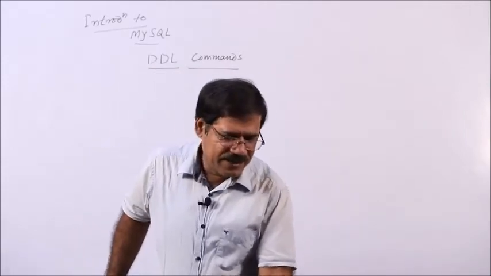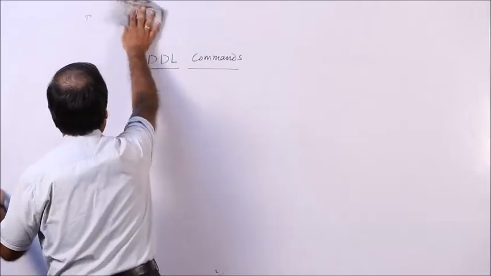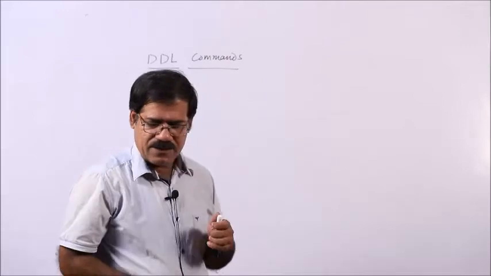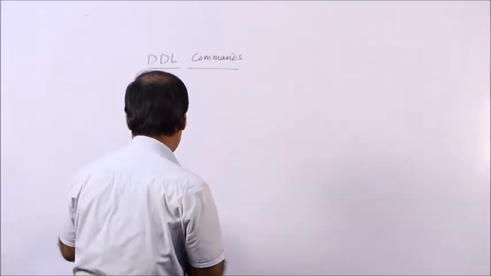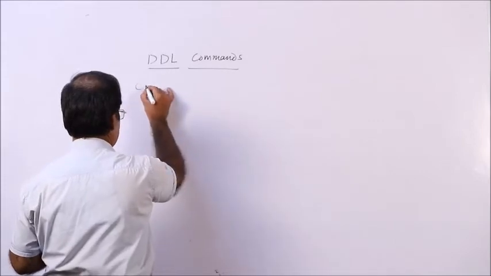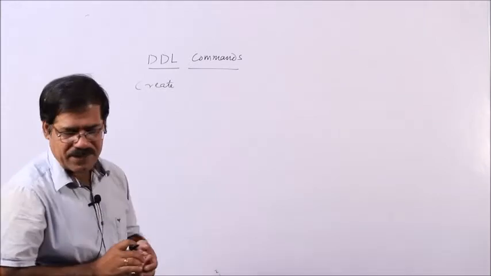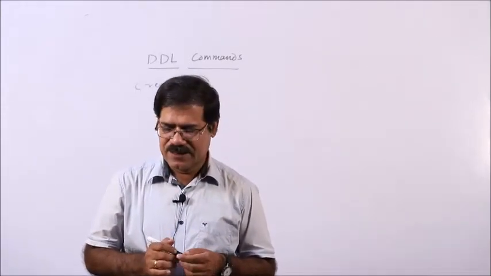Create is a command. In the SQL prompt, you write the commands. What is the use of the command? This command is used to create the database and to create the table.